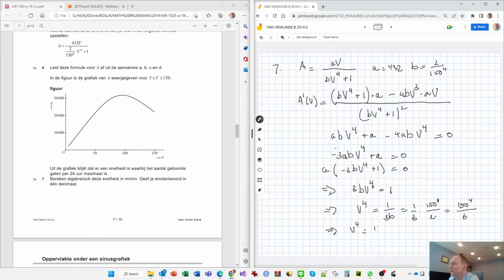But when we try to be smart, which doesn't happen that often, I write this as the, actually it doesn't matter. So v is then 150 divided by this root. Oh, in 1 decimal.